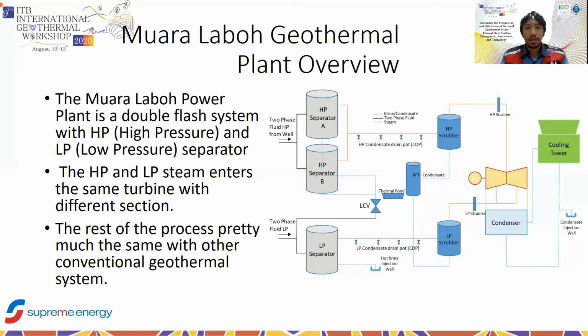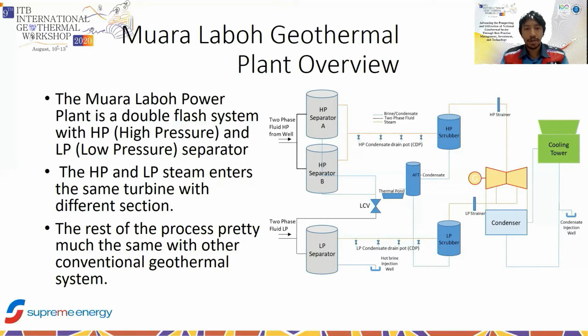The HP separator goes into the HP section of the turbine. On the other hand, for the LP separator, the fluid comes from the flash brine of the HP fluid, and then is also mixed with the LP source from the well.